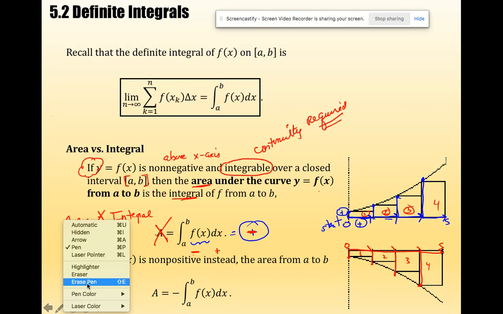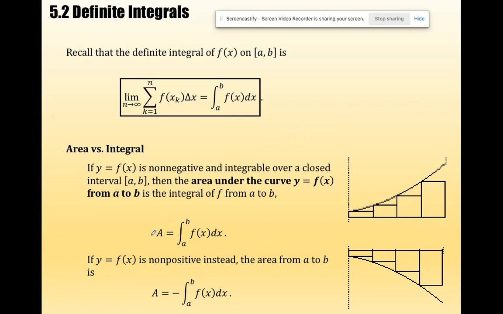Well, just negatize, right? If your function is below the x-axis and you want area, I can get it. I just perform the integral, which will be negative because this is negative times positives. Negatives times positives will give me a negative, but I'll just negatize my answer.